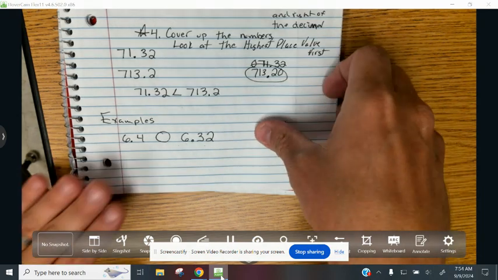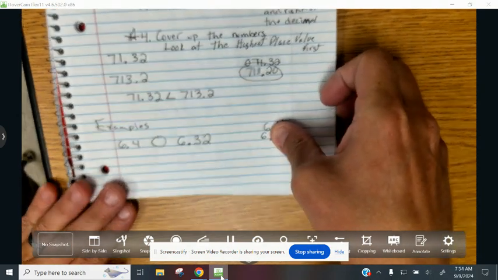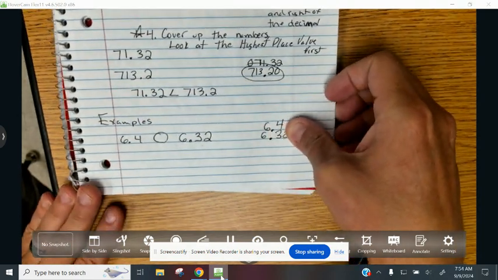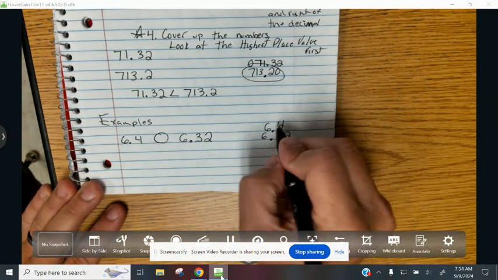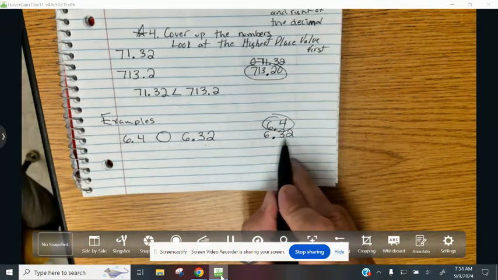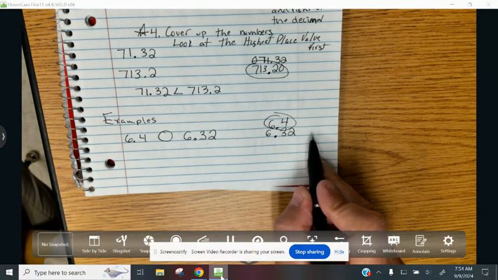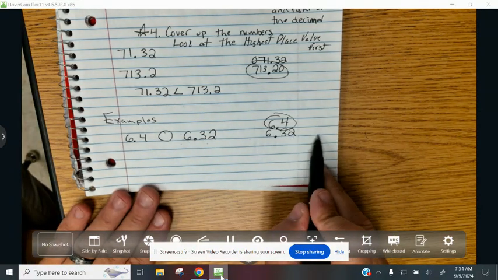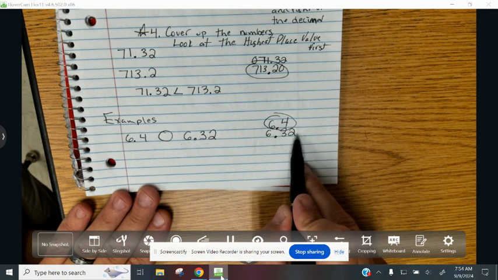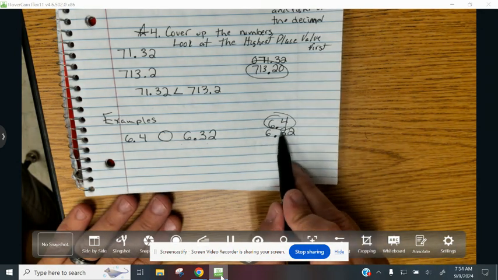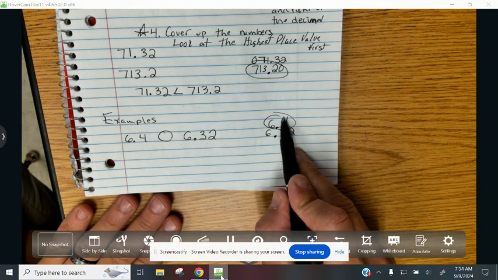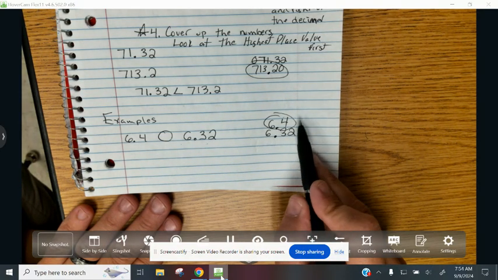So if you covered everything up, and you'd ask, are the ones place the same? Yes. Are the tenths place the same? No. Who's greater? This guy is. So even though he has more digits, it does not matter. This guy could have all these digits going all the way back here. Because the 4 is greater than the 3, the tenths always beat anything behind it.